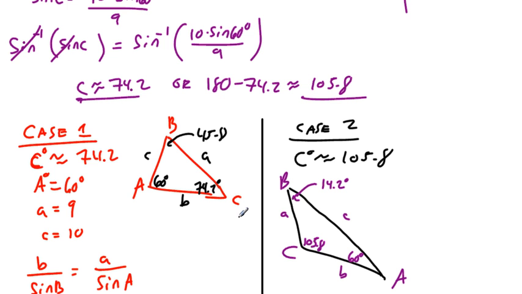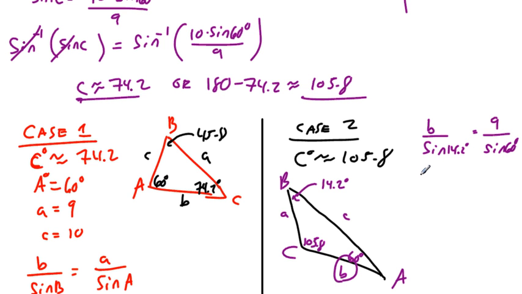Let's go ahead and find lowercase b. We're going to do b over sine of 14.2 degrees equals, and again we want to use the precise one, so I'm going to use my 60 and my A, 9 over sine of 60 degrees.